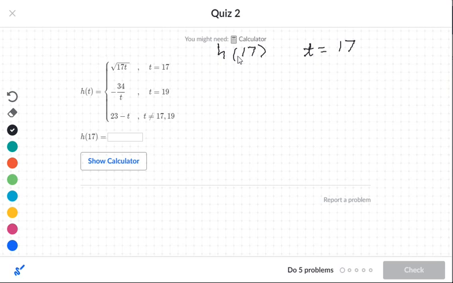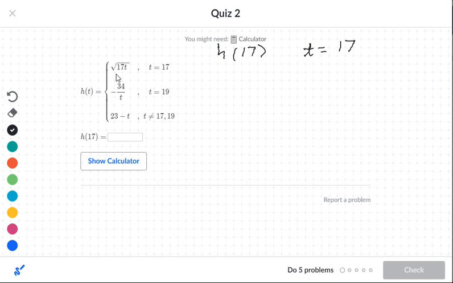So h of t, and from there we say t is equal to 17. The very first expression we can use because t is equal to 17. If you have t equal to 19, then you can use this expression here. If t is not equal to 17 or 19, you would use this expression here. But since we have t equal to 17, we're going to use this expression here.